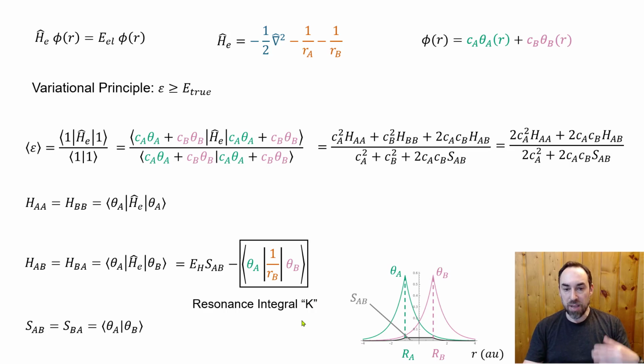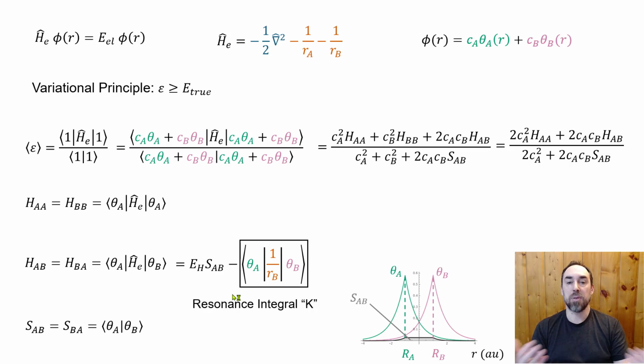So we have seen in this video how we can apply the linear combination of atomic orbitals to the H2 plus molecule. We have seen that it simplifies greatly in a way that we can analyze all of the matrix elements H_AA, H_AB, and the S_AB overlap integral that arise from solving the Schrödinger equation to calculate the expectation value for the energy.